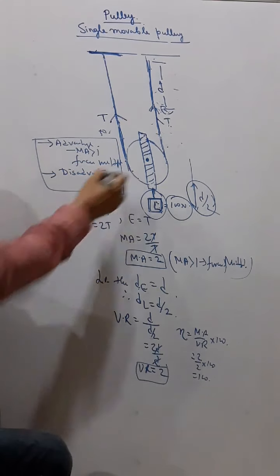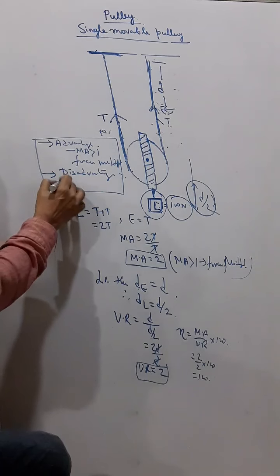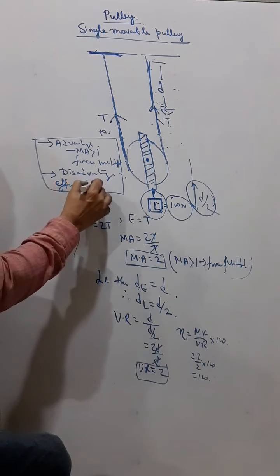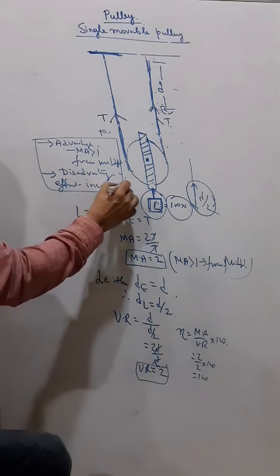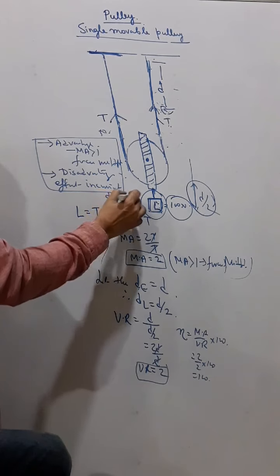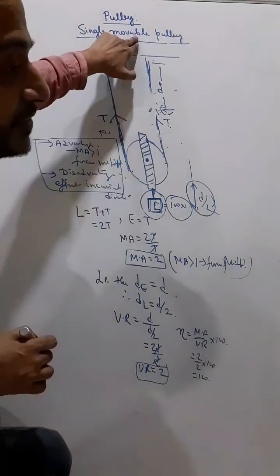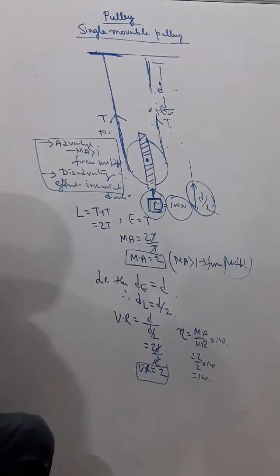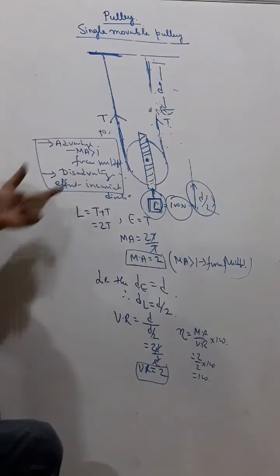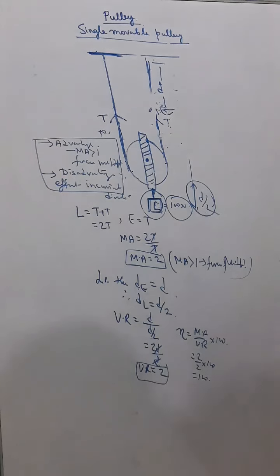The disadvantage is that effort is applied in an inconvenient direction, that is, we are pulling upward. That is the disadvantage of a single movable pulley. And the advantage is naturally it is acting as a force multiplier.